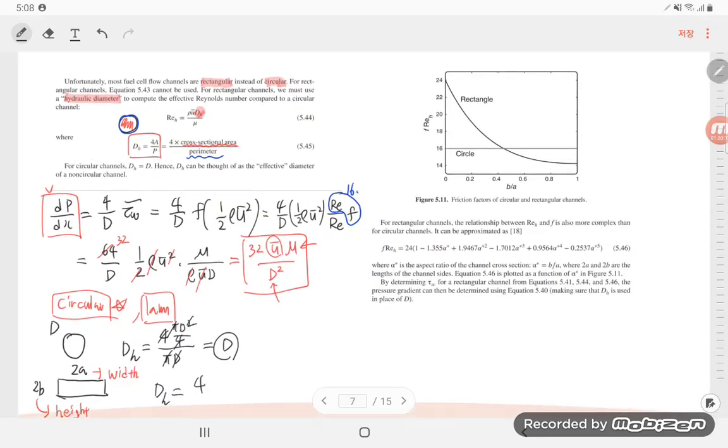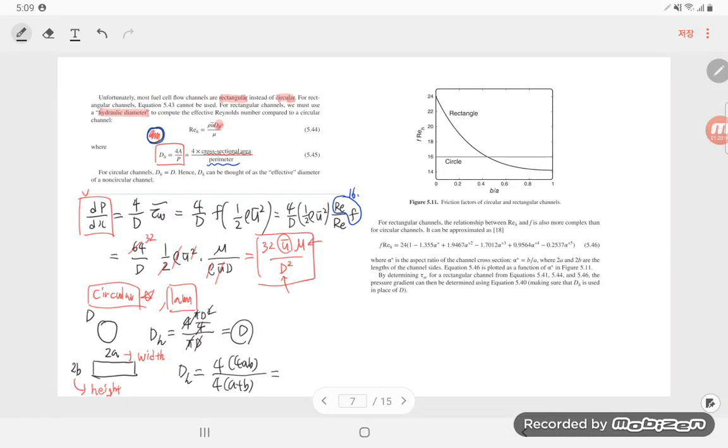For cross-sectional area 4ab, and perimeter is 2 times (a plus b), and then we get 4ab over a plus b. This is the hydraulic diameter of the rectangular shape.